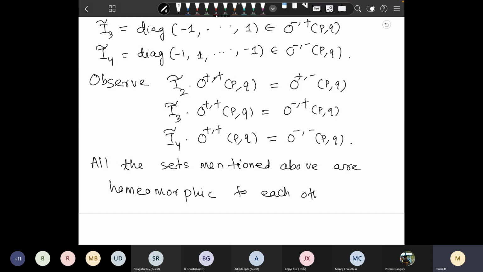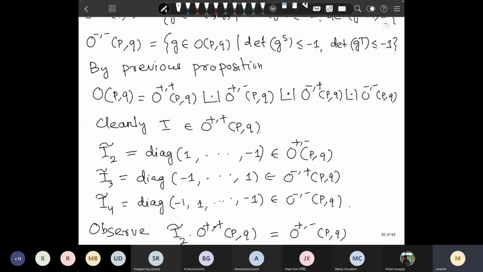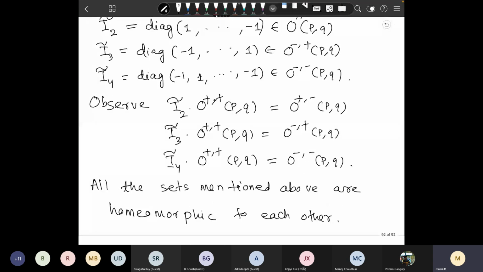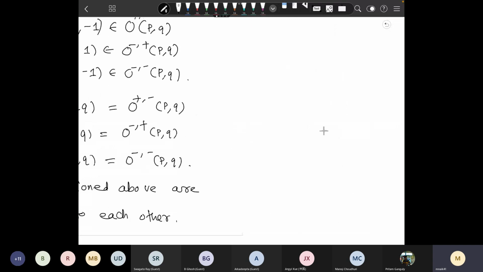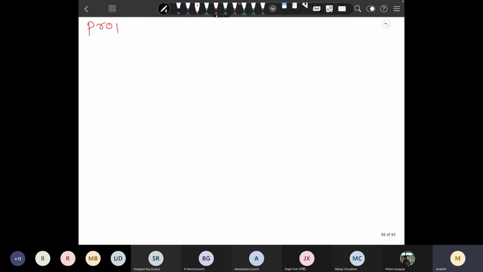So this is the thing. Now I want to conclude that these are precisely the components of so-called O P comma Q. Okay. So now the next proposition is something like that. Proposition.